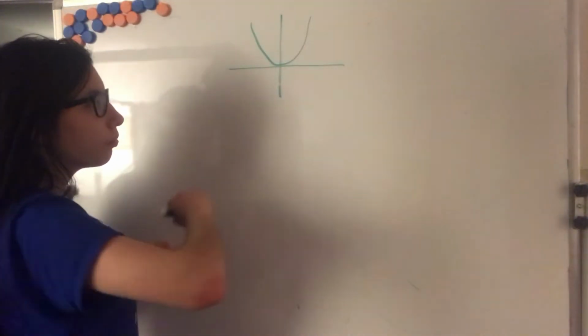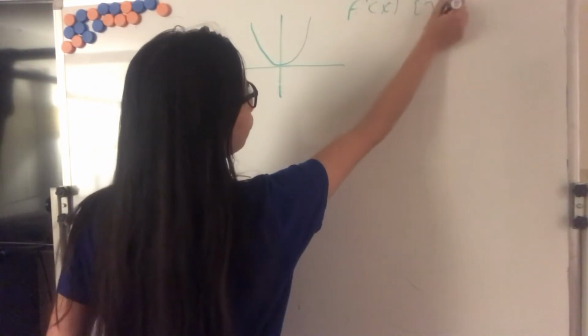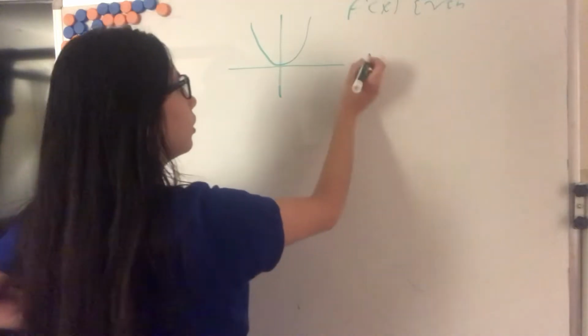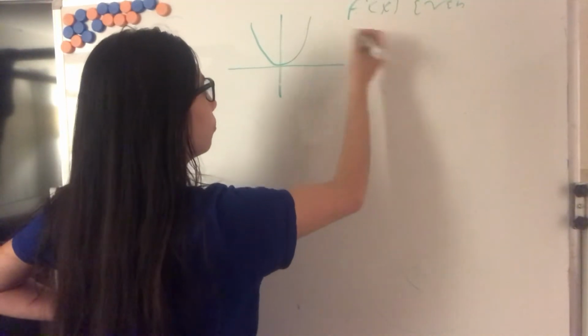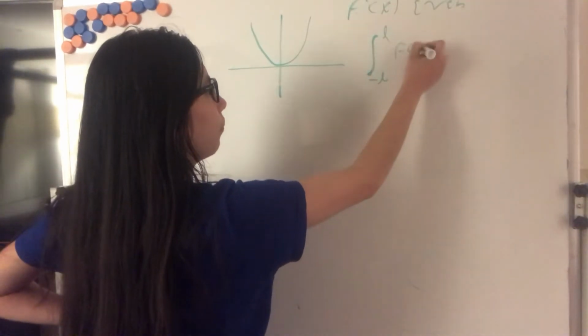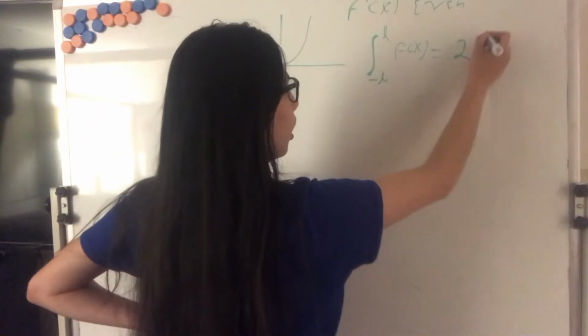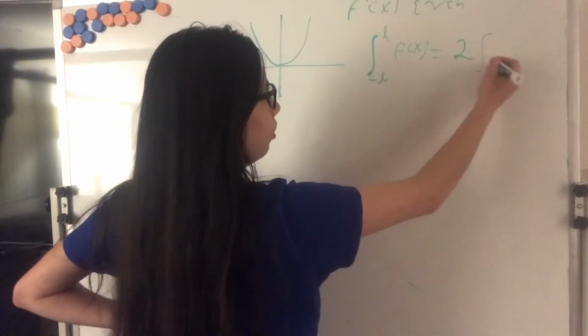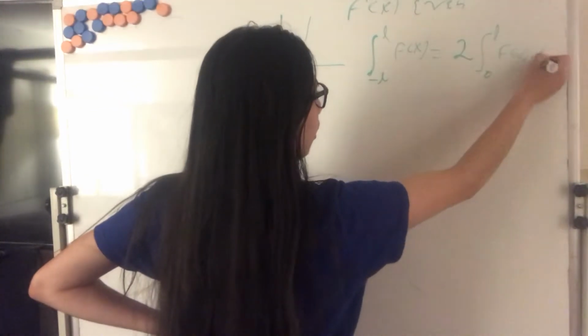Whenever we have an even function, so if f of x is even, we have that the definite integral from minus L to L of f of x is equal to 2 times the definite integral from 0 to L of f of x dx.